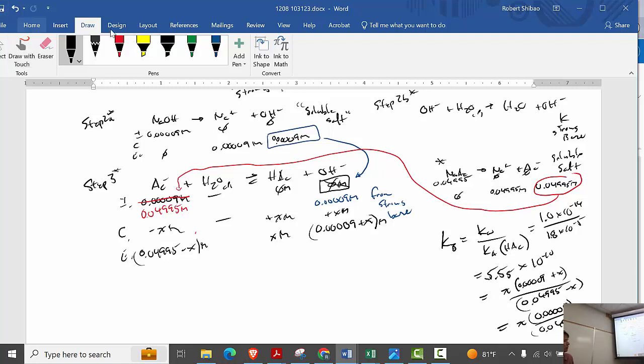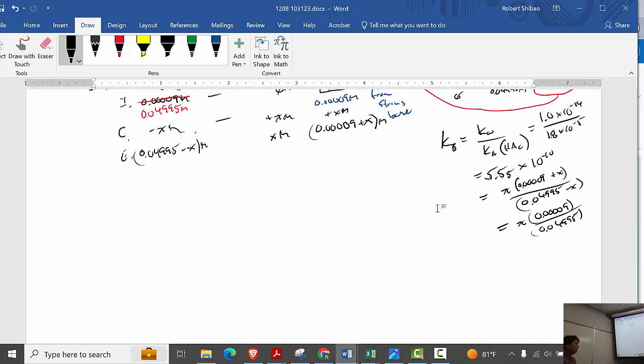And then calculate X. So I'll do 5.55 times 10 to the minus 10 times 0.04995 divided by 0.004009. That gives 3.08 times 10 to the minus 7.